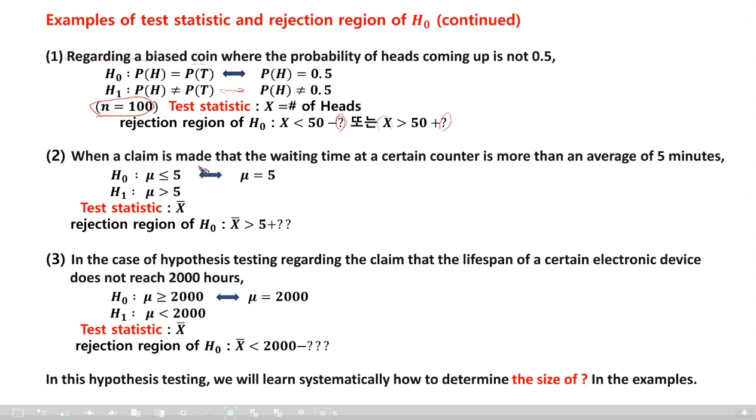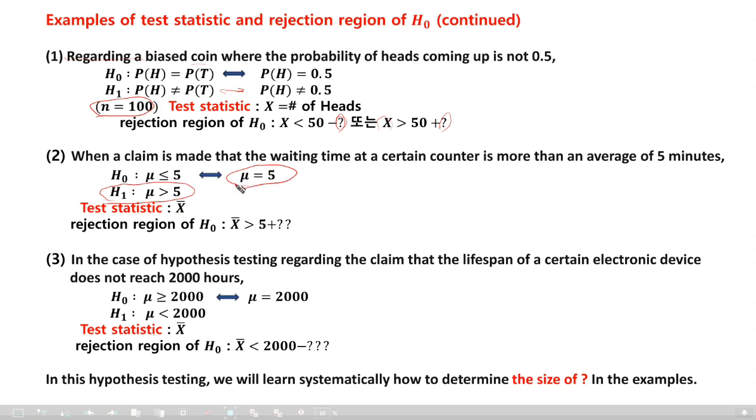When a claim is made that the waiting time at a certain counter is more than an average of 5 minutes, then this is mu greater than 5. And H0 is just the other area, mu less than or equal to 5. But you may think this way, mu equal to 5, except less than.